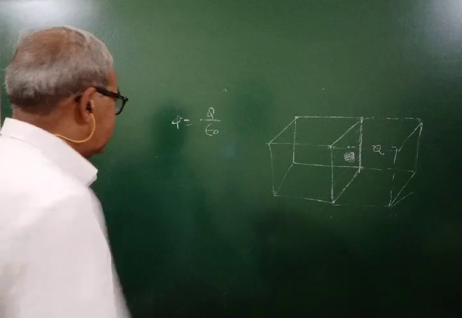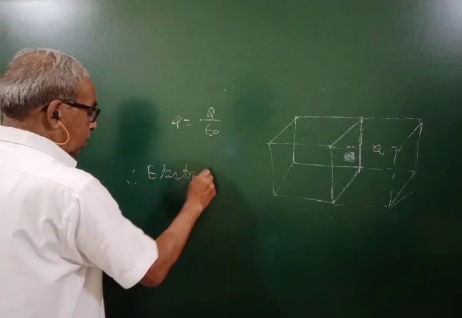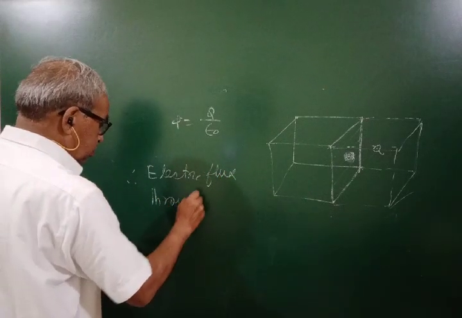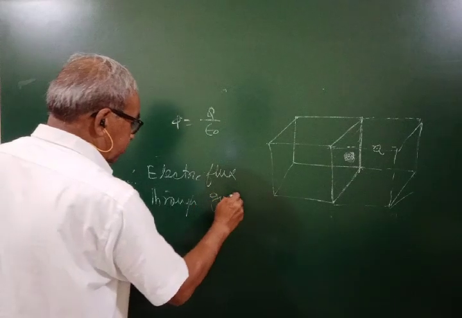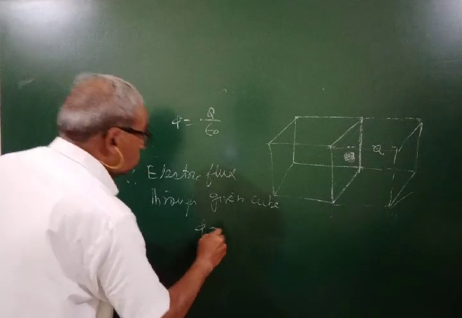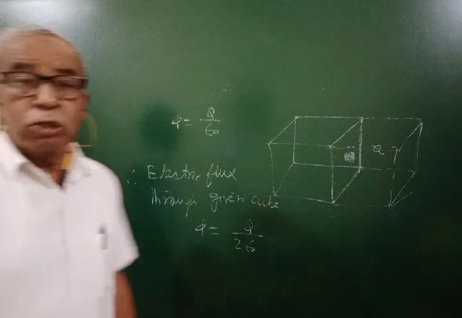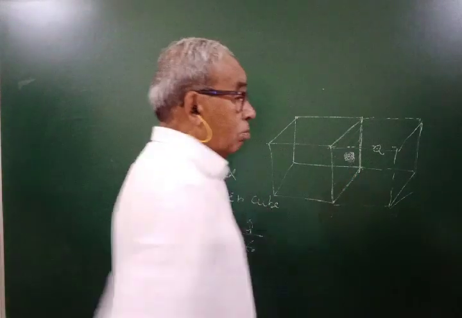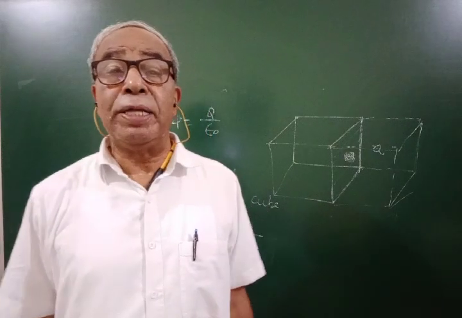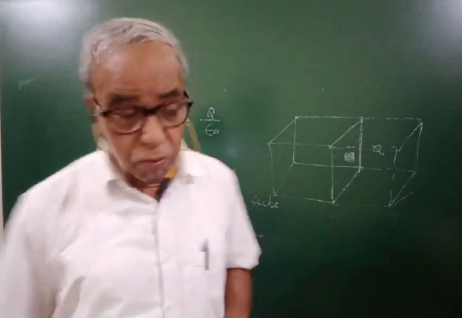So with a single cube, the electric flux through a given cube is phi equal to half of this, q upon 2 epsilon 0. Because the statement of Gauss theorem is that the electric flux through a closed surface, which includes some volume V. The surface should be closed and have some volume.